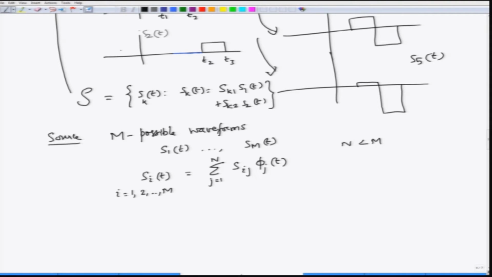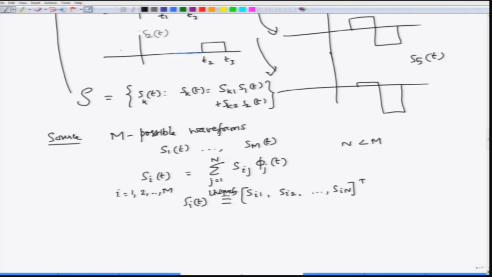Si of t can be specified by writing this as Si1, Si2 and so on up to Sin, the transpose just to show the column vector. So, this particular thing uniquely specifies the signal Si of t.